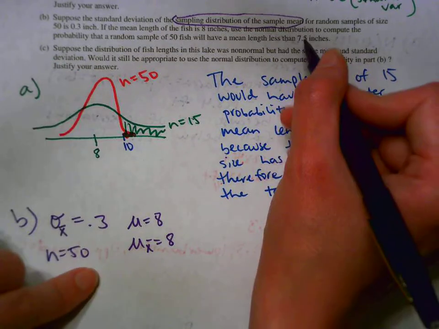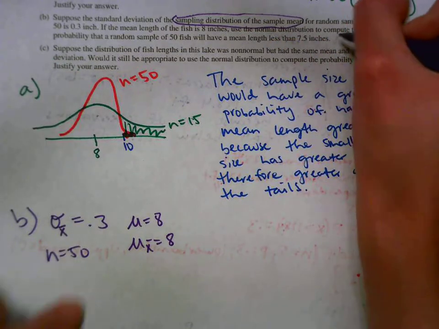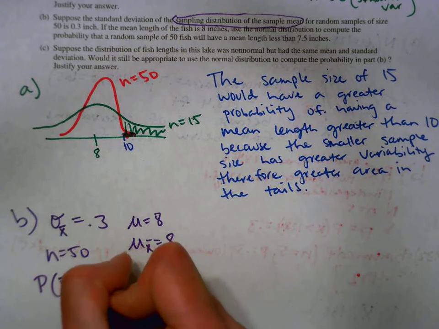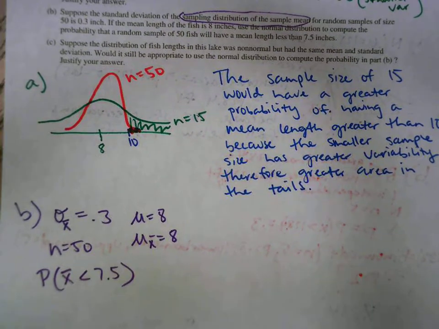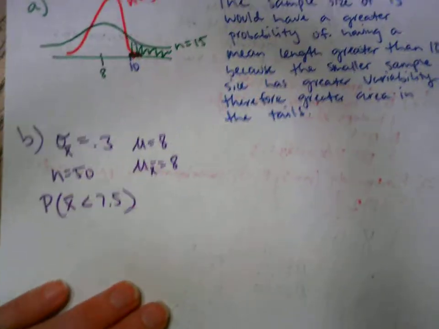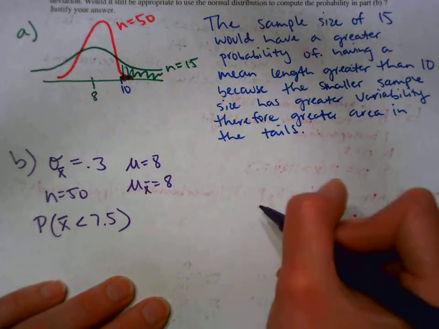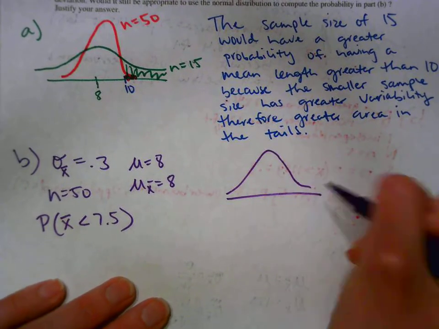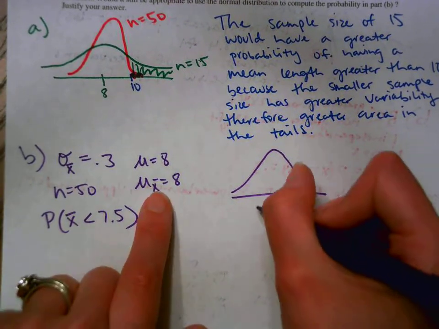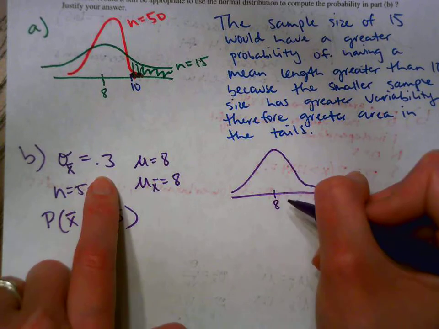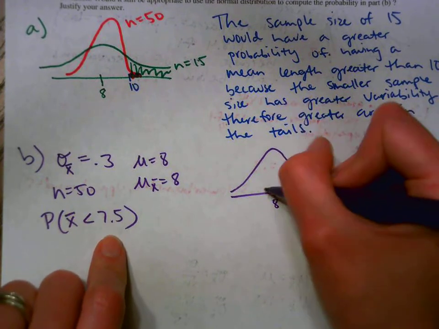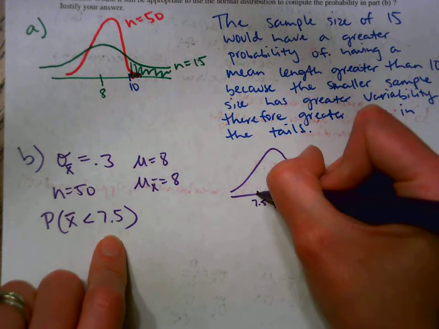So it's asking what's the probability of getting an x bar less than 7.5. If we set up our distribution, using normal, the mean of our sampling distribution is 8 and the standard deviation is 0.3, and we want to know the probability of being less than 7.5.